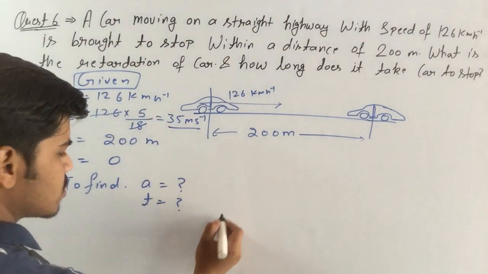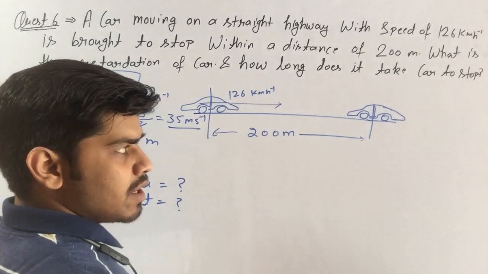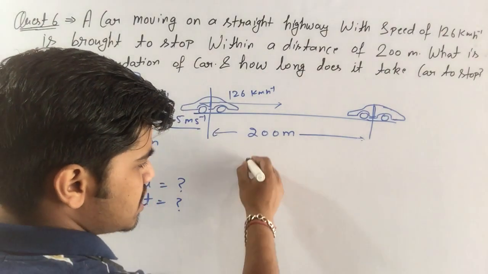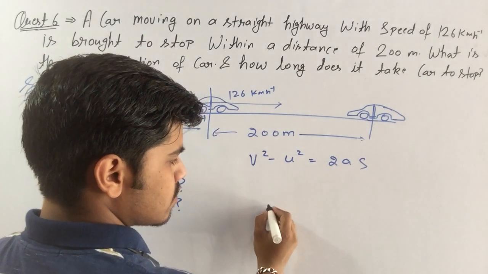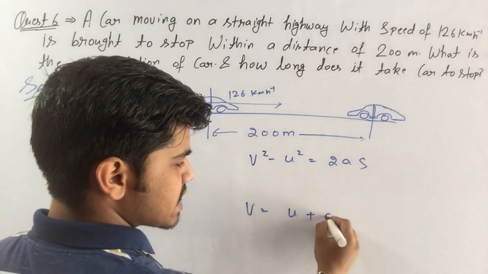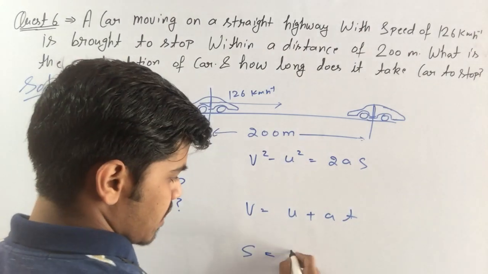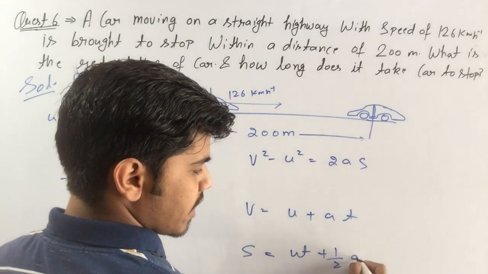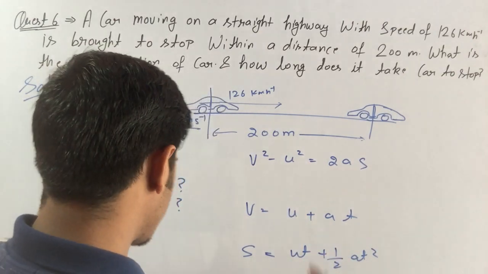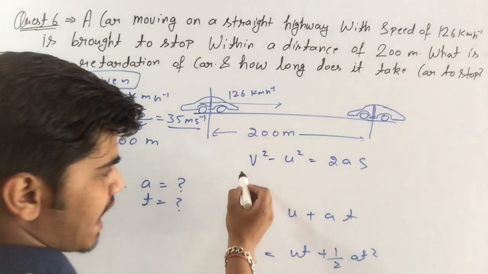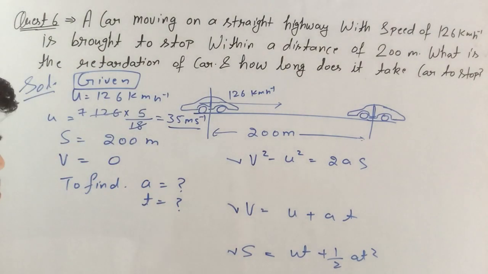Now for this problem, we have three equations of motion: v square minus u square is equal to 2as, v is equal to u plus at, and s is equal to ut plus half at square. From these three equations we have to select which one is perfect for this situation.